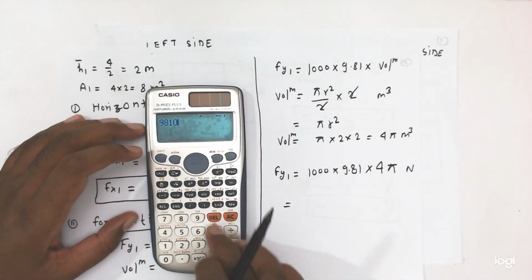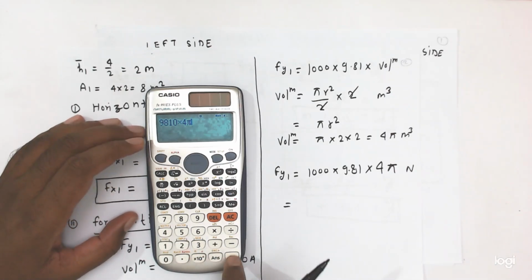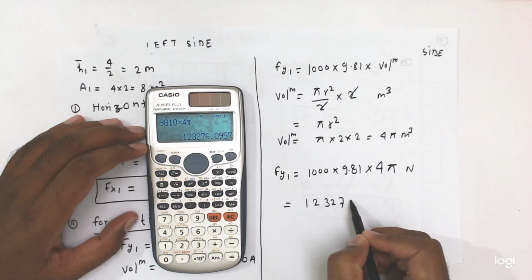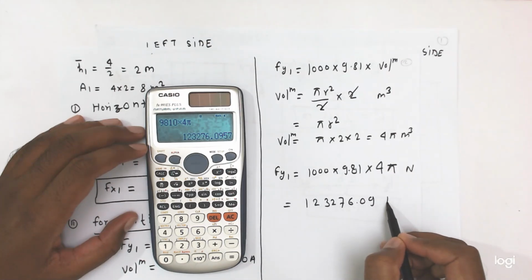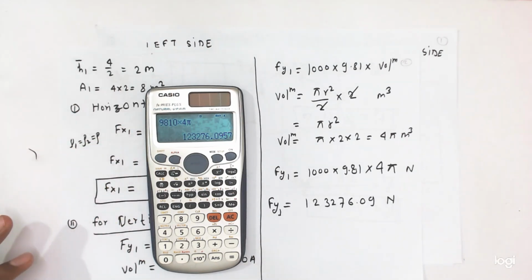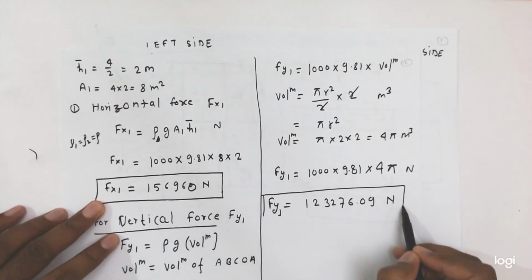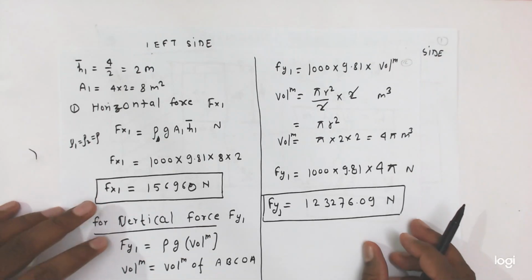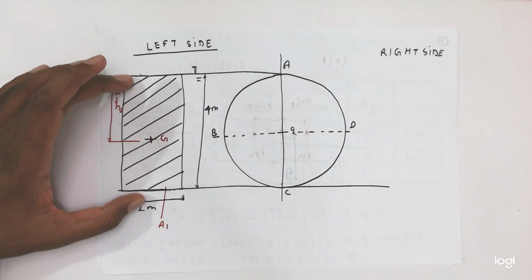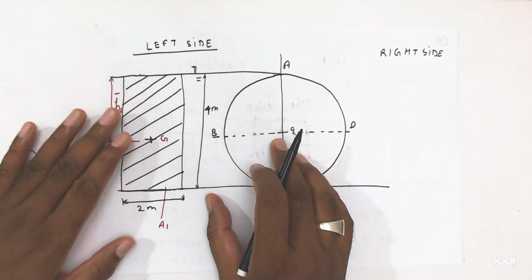This 9810, 1000 into 9.81 is equal to 9810 into 4 pi. So it will come around 123,276.09 Newton. So Fy1 value has been calculated. This Fx1 and Fy1 is the horizontal component of force and vertical component of force because of this liquid up to this level. Okay friends, clear?